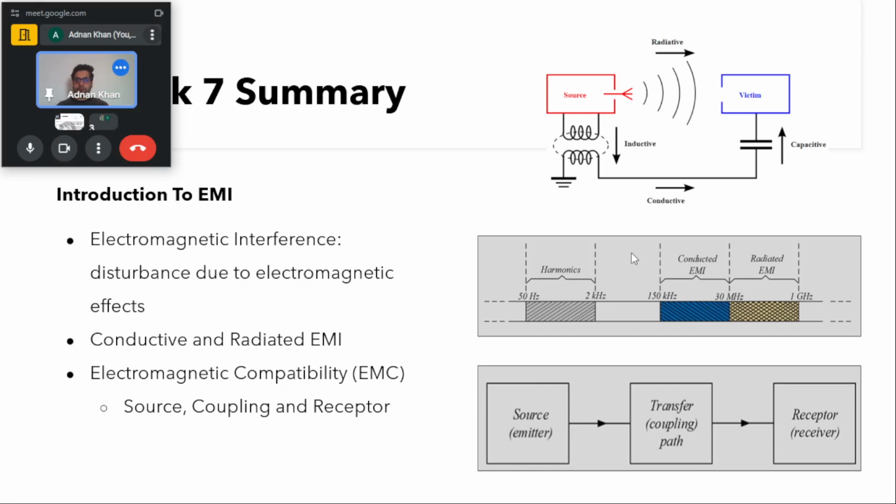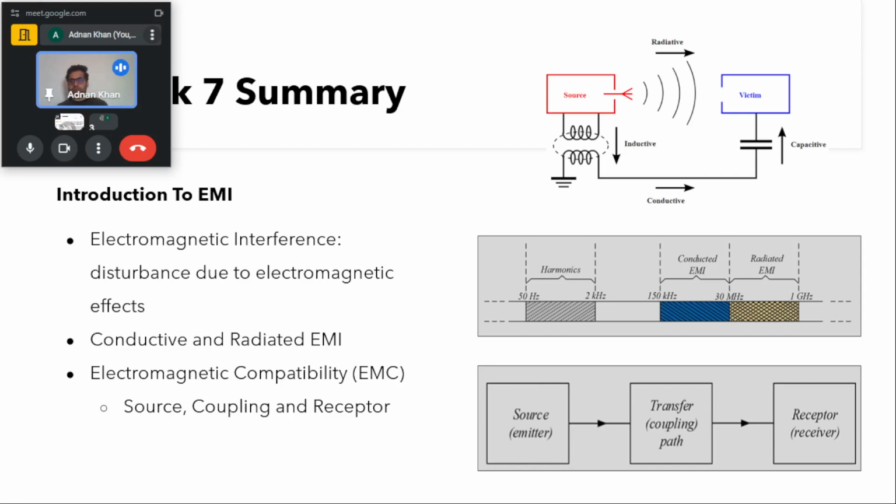So if the frequency component is above the 30 megahertz range, the source is able to propagate this via the medium of air, without any physical connection, and that can affect the victim, another component or part of the converter.